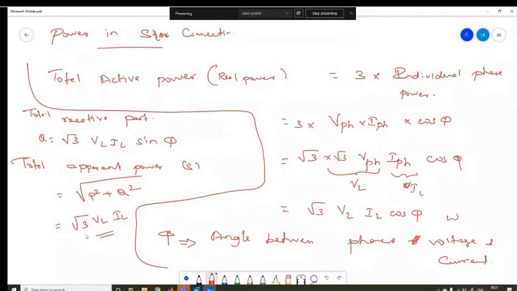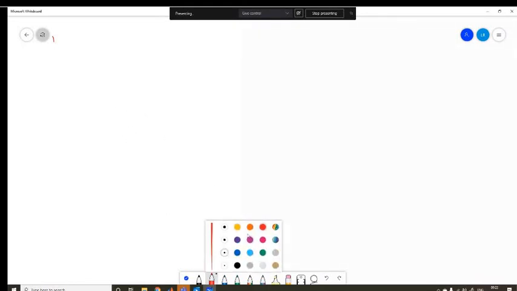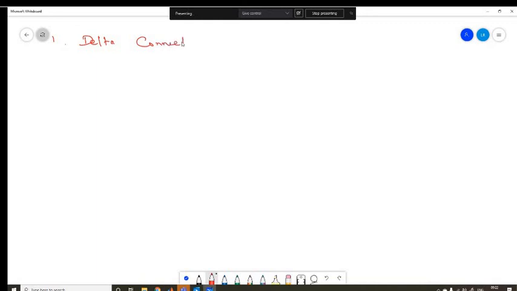Now the next part is we'll be moving to the delta connection. So let us look at the delta connection briefly, and with that we can conclude, and the remaining part we can see in the next class. So how does this delta connection look like in this case?